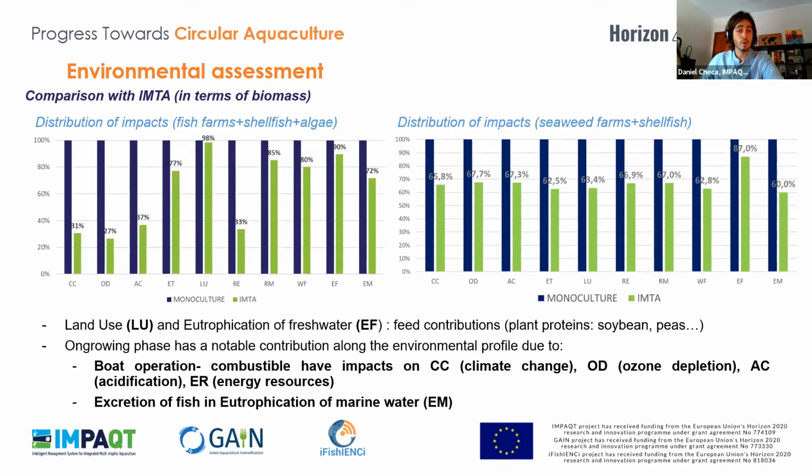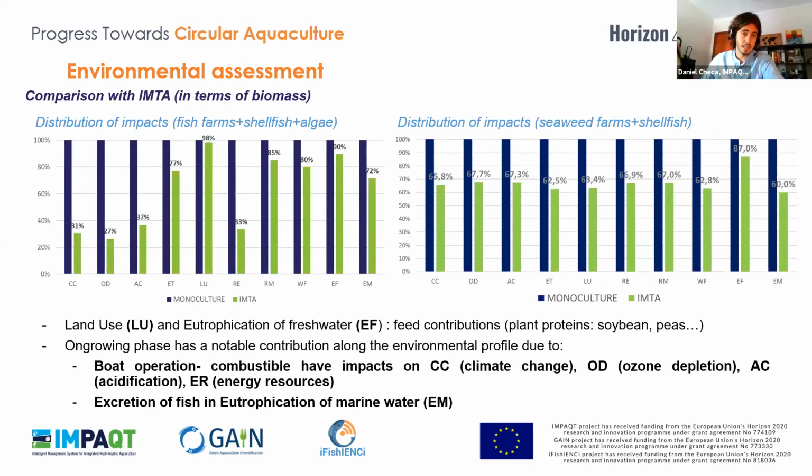And the on-growing phase has a notable contribution along the environmental profile due to the boat operation, the combustible, as well as the excretion of the fish in eutrophication of marine water.